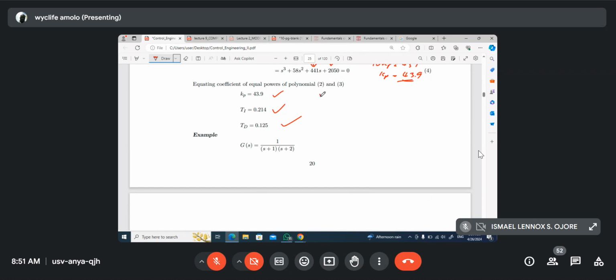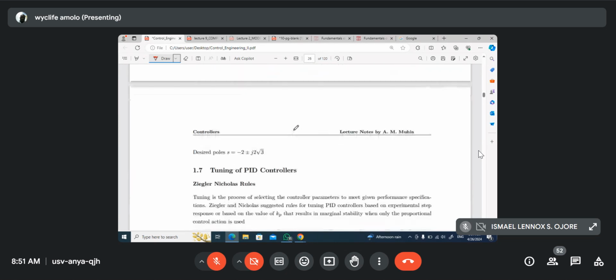But in most cases, what is more important is to get the KP, the TI, and that for the design.